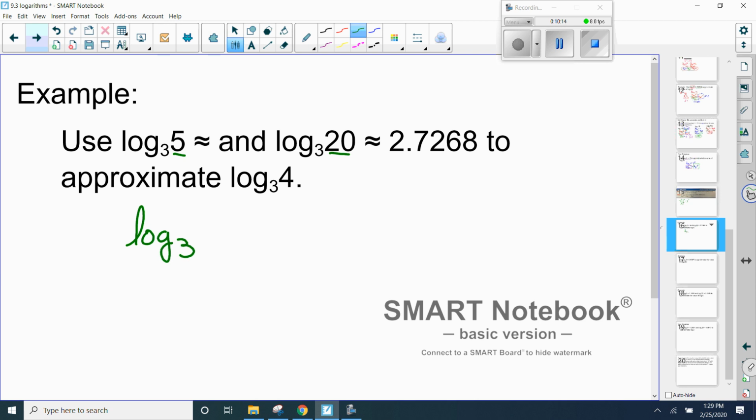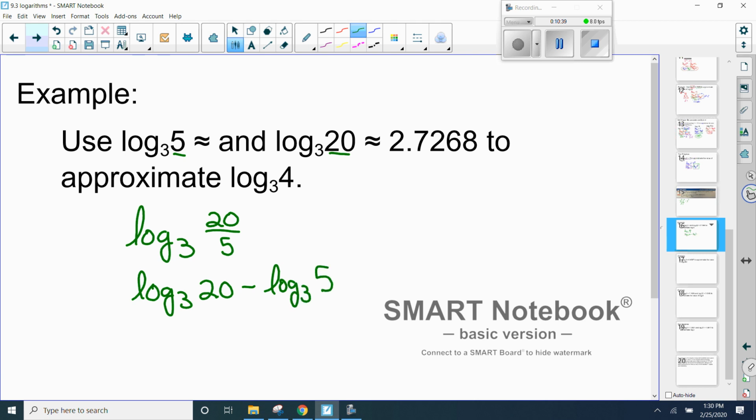Instead of saying 4, let's write it as 20 divided by 5. That is still 4, right? Now we're looking at exponents. You know each one of those values. What do you do to them? You subtract them. So it's the log of the numerator minus the log of the denominator.